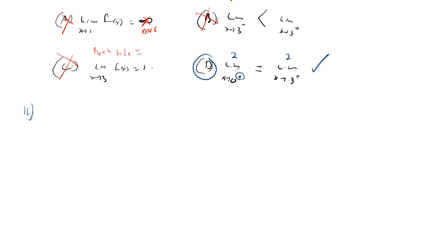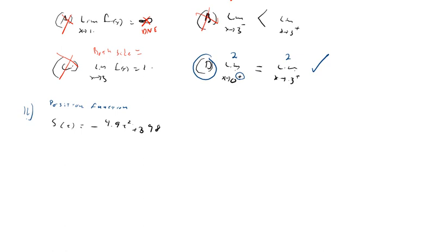So number 11, it says we have a position function. What this means is it is simply a way of describing where a particle is. Like imagine a particle moving back and forth in a line. 4.9 t squared plus 398.